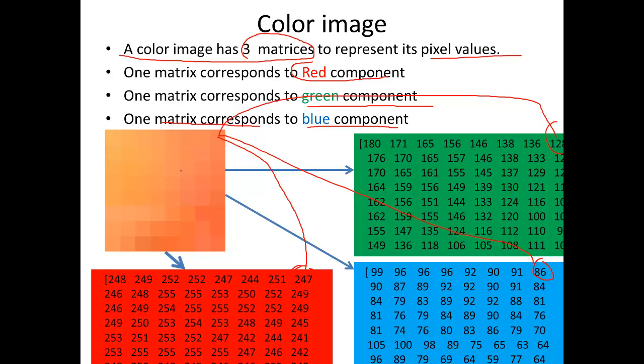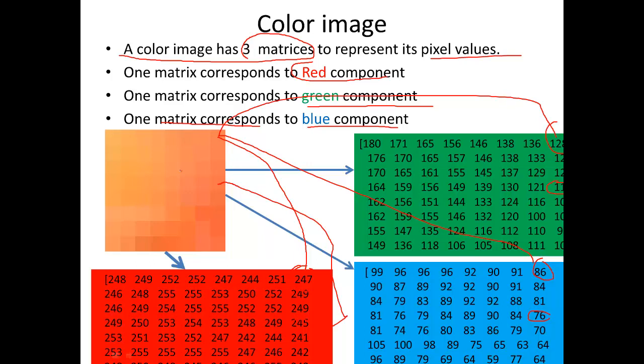For example, for this pixel, corresponding to this one for the red component. Also, the blue is for this one, and the green is for this one. So, if we organize the pixel values based on the red, green, and blue components, then we will get three matrices. The size of these three matrices are the same as the size of this image.